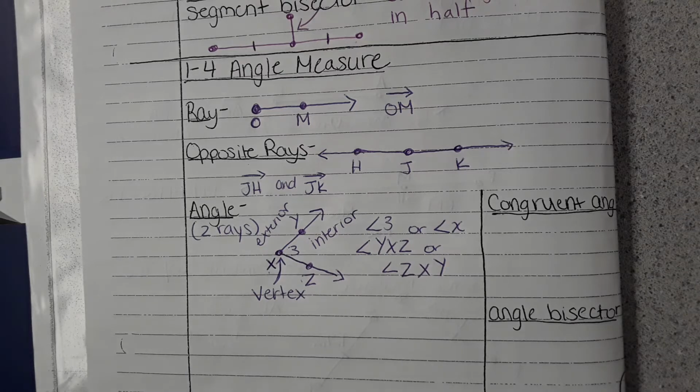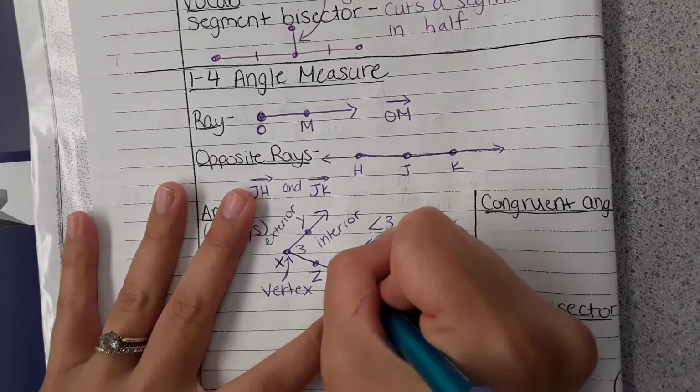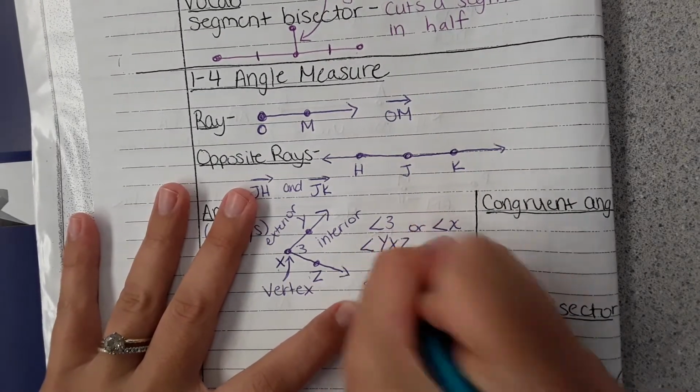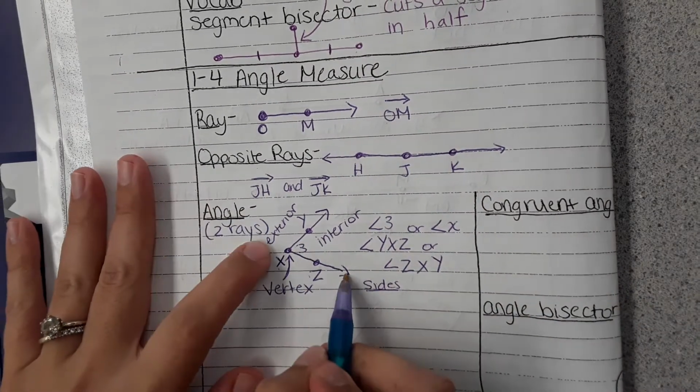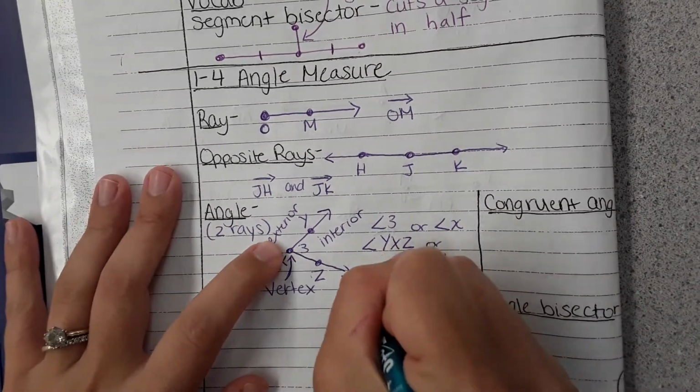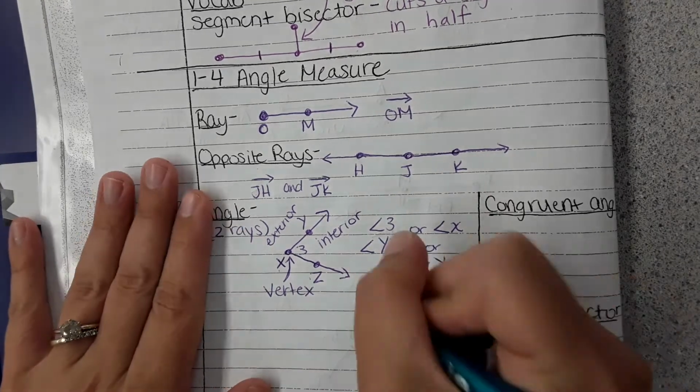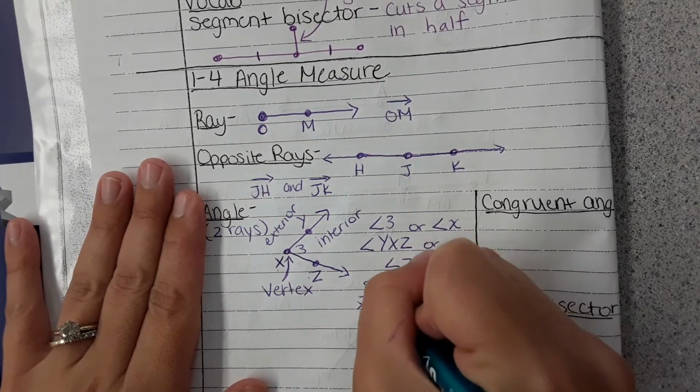One more thing about this angle. It has sides. The sides of the angles are the rays, so you could say that the sides of this angle are ray XZ and ray XY.